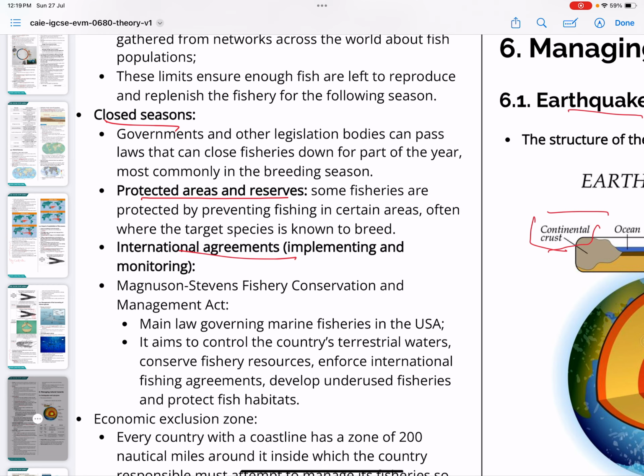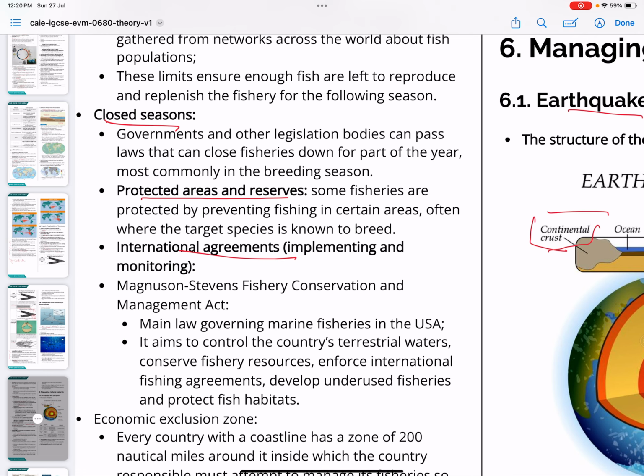And what if there are two or three countries which are sharing a common ocean? For example, countries like Pakistan, India, Bangladesh are sharing a common sea, which is the Arabian Sea. Not alone can India prevent overfishing in the entire sea, not alone can Bangladesh do that, and the same goes for Pakistan.